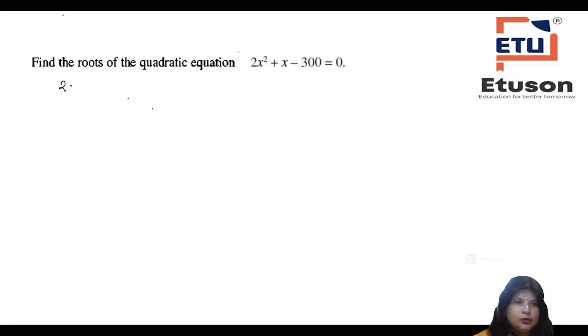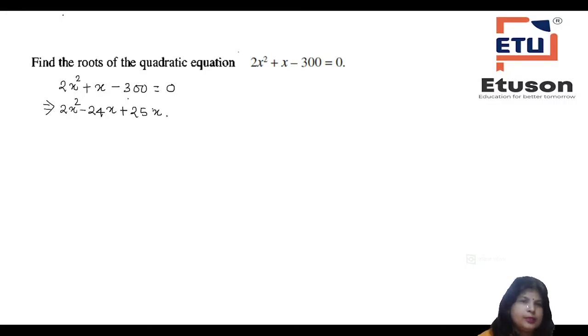So let us write down the quadratic equation as it is. 2x square plus x minus 300 is equal to 0. So it implies, can I write it like this? 2x square minus 24x plus 25x minus 300 is equal to 0. Correct?